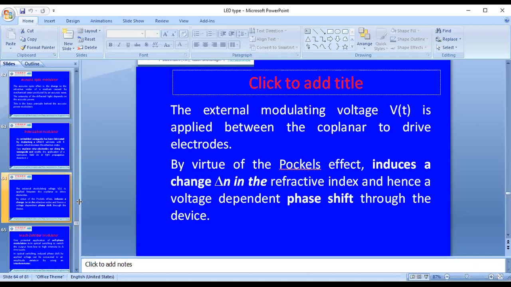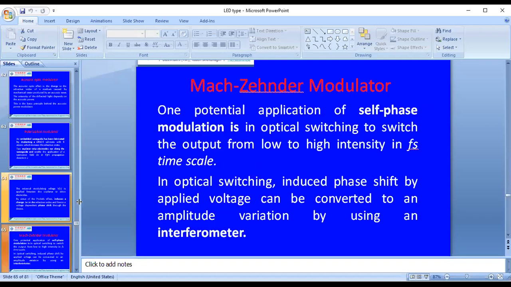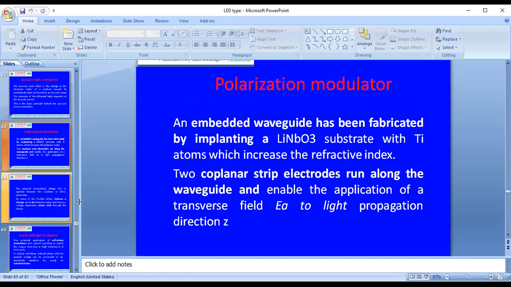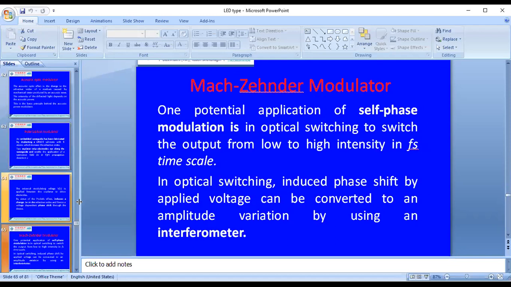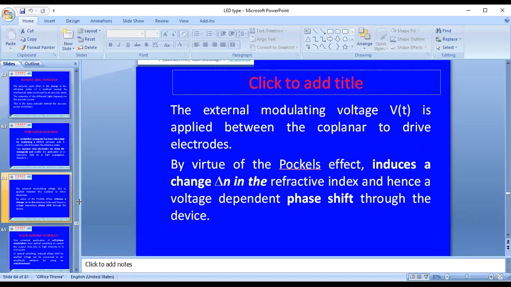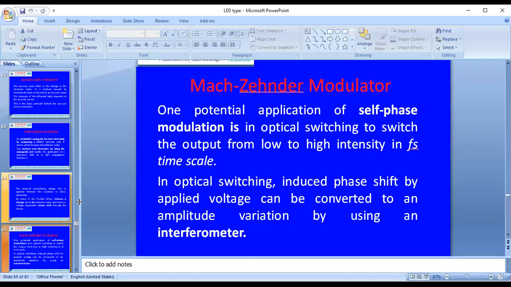Hence, based on the voltage, the phase shift will be observed through this device. Okay, here the modulator will give different types of changes, polarization changes as well as phase shift also. Okay, so that will be observed by giving the external modulating voltage.